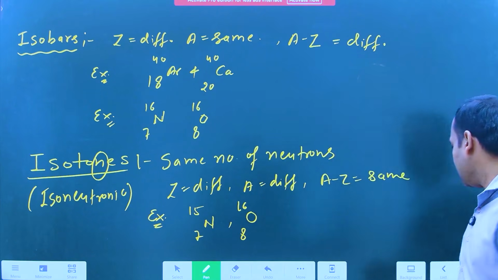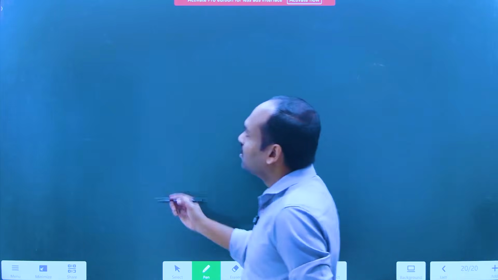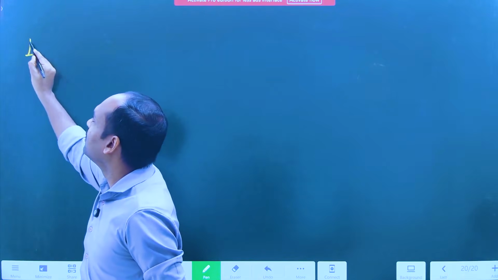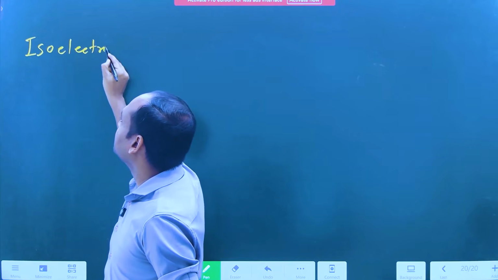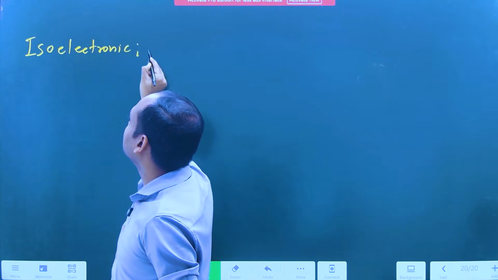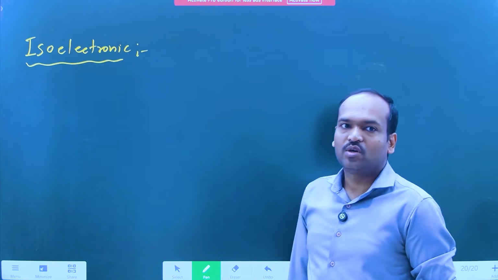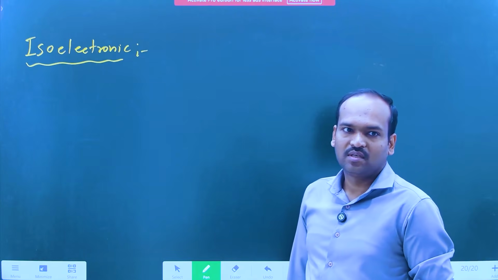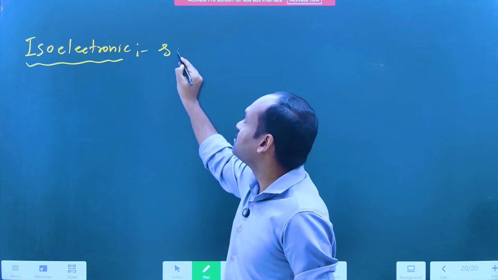One last term I want to discuss after isotones is isoelectronic. Isoelectronic means the same number of electrons.